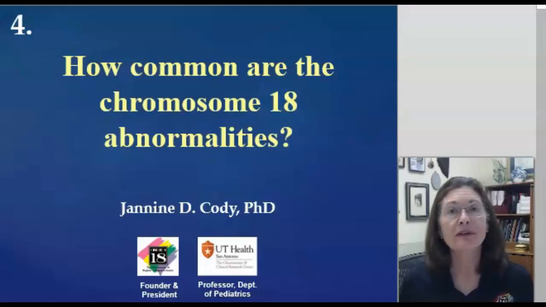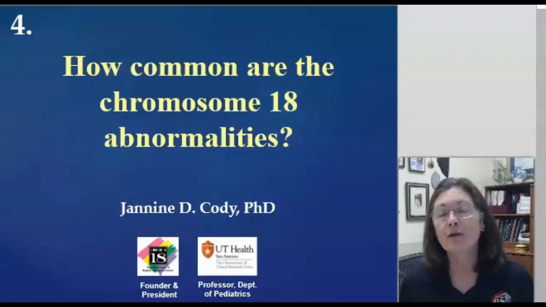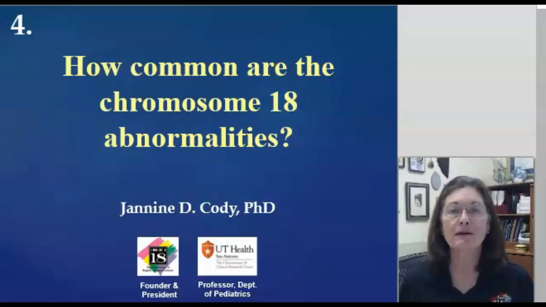So in the first three videos, we learned that chromosome abnormalities, or chromosome variation, can now be detected on the genomic level to be very, very small, as small as 50 base pairs of DNA.